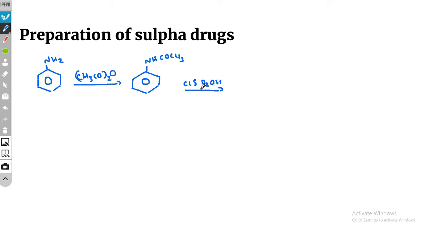ClSO2OH. Then this group is attached over here and we get NHCOCH3, and here SO2Cl. Then it is treated with NH3.